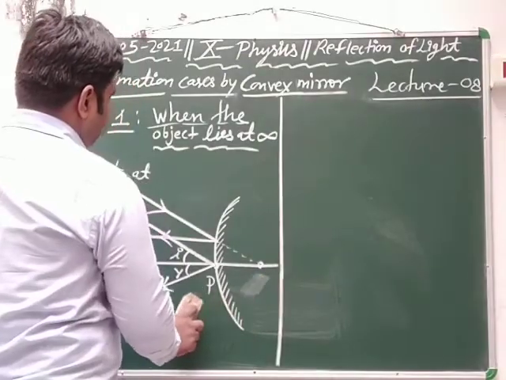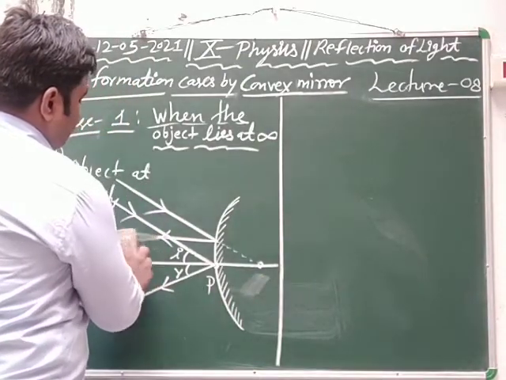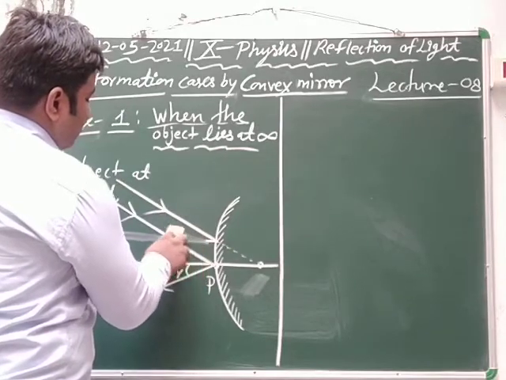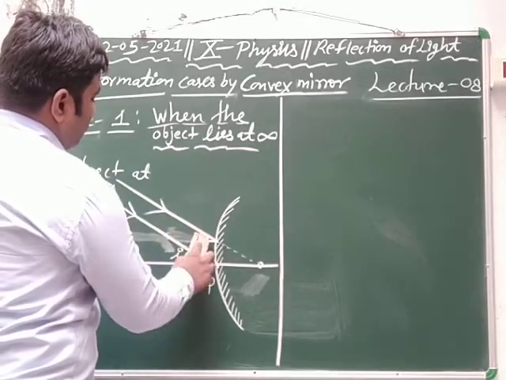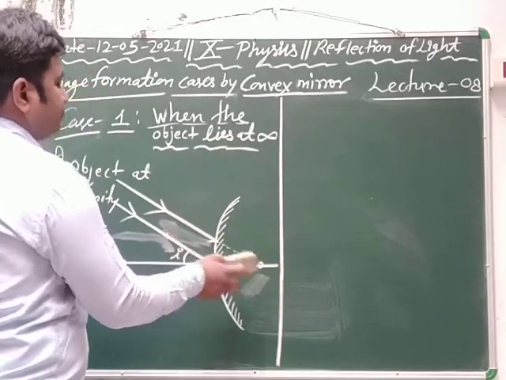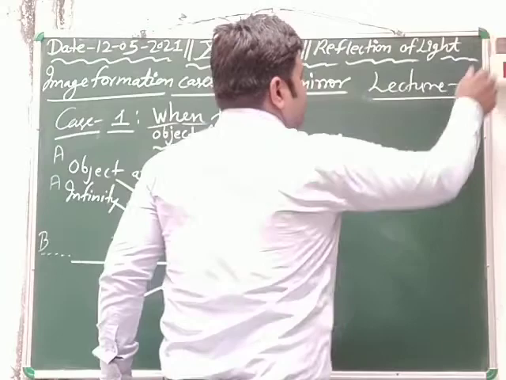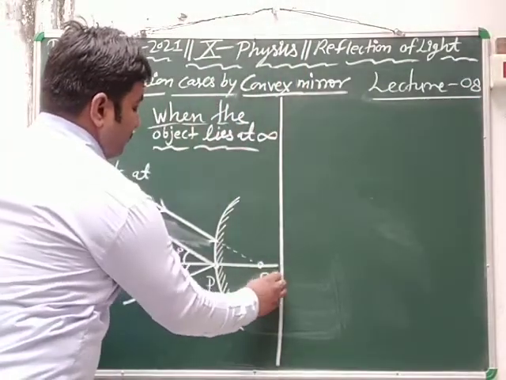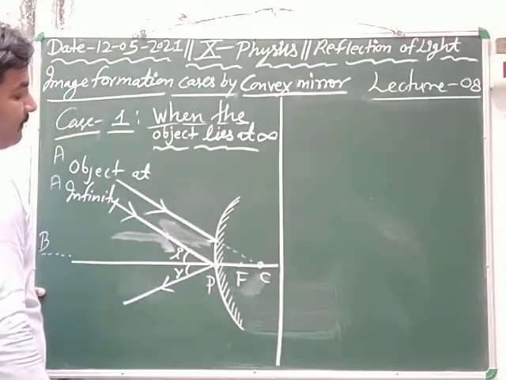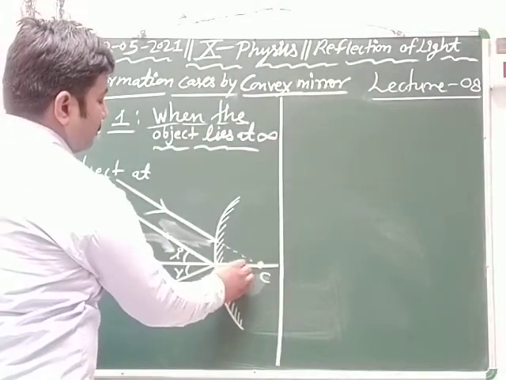So we have to take what? Center of curvature. Then the image formation will be clear, and focus here in between center of curvature and pole.